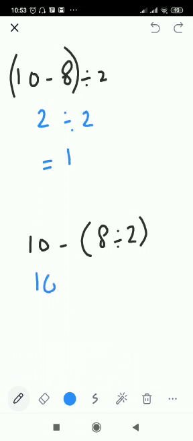Over here 10 minus, 8 divided by 2 is 4, so your answer is 6. Now you can see how brackets change the result of the operation: if you change the position of the bracket, the answer changes.